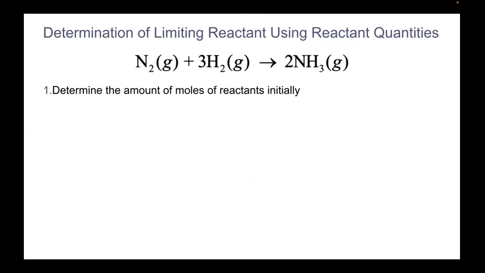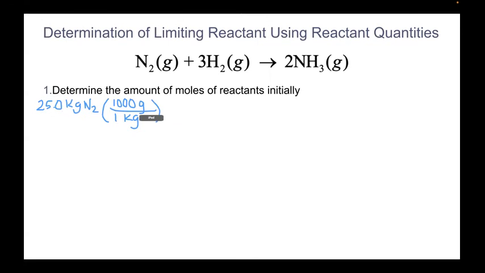Initially, we're told that we have 25.0 kilograms of nitrogen gas. I need to figure out how many moles that is equivalent to. I can't go from kilograms straight to moles. I have to convert first from 1 kilogram, there's 1,000 grams.